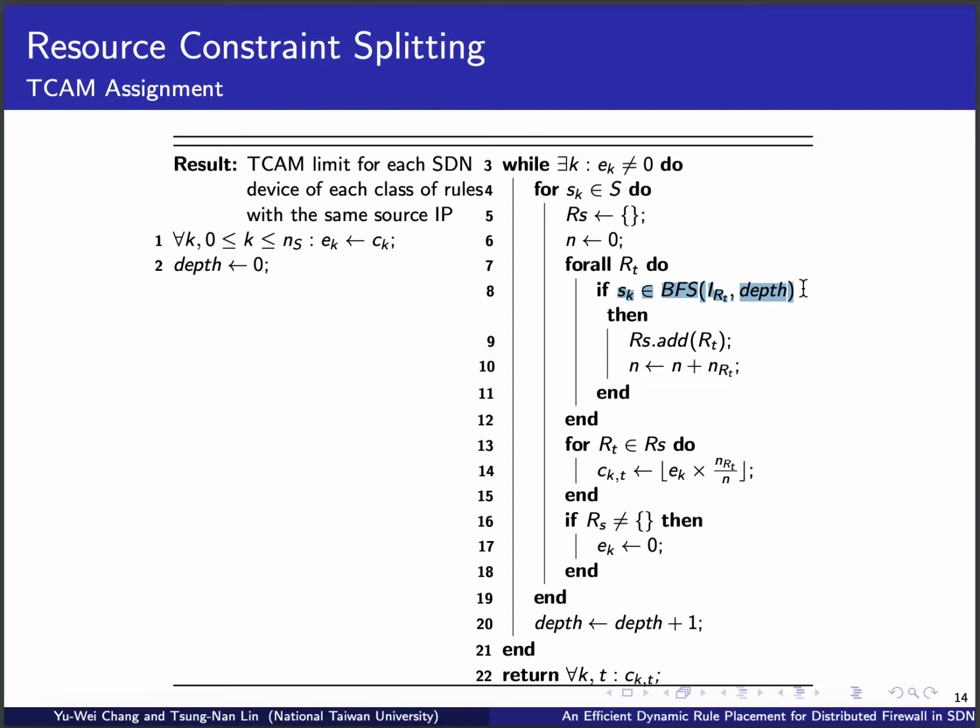And the principle of our division of the ILP problem is that we use different source IPs to split the firewall rules. As a result, this breadth search will assign the TCAM memory according to the breadth.